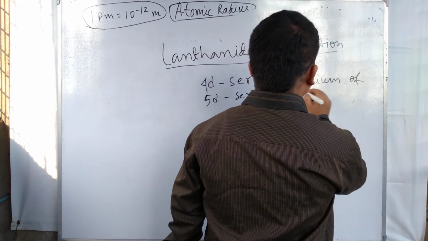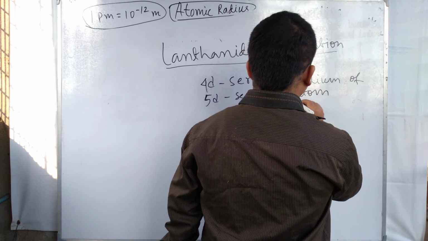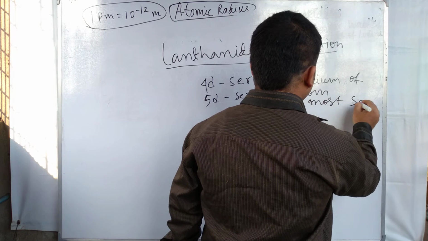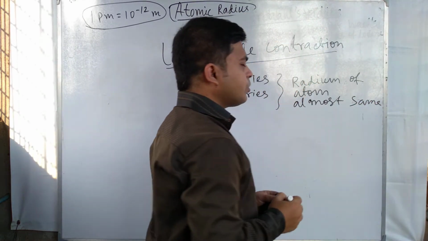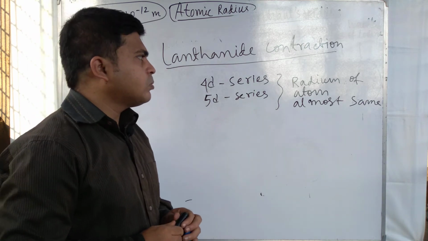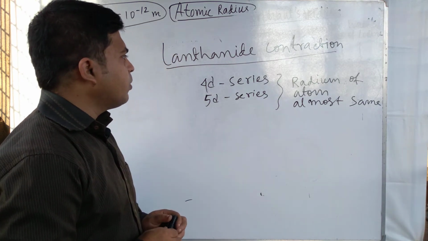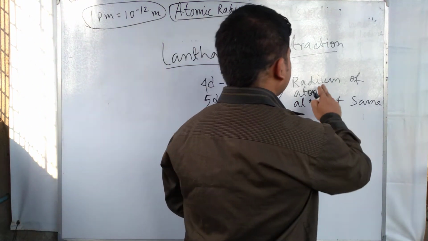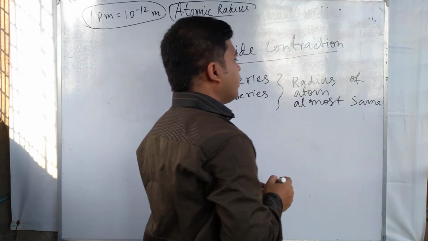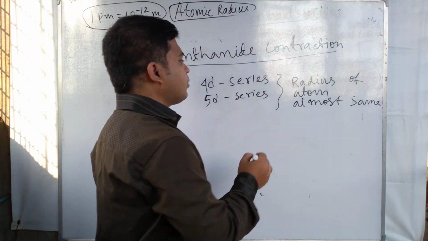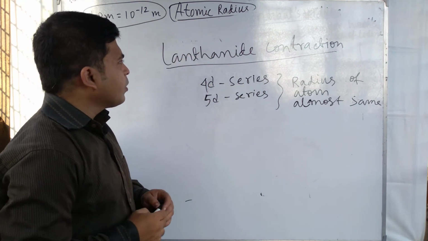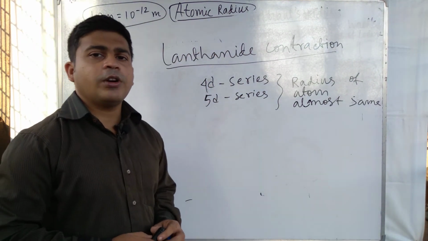The radius of atoms is almost the same for the 4D and 3D series elements, meaning transition elements. The radius of the atom is almost constant. Okay, it is almost the same, and it is due to the lanthanide contraction.